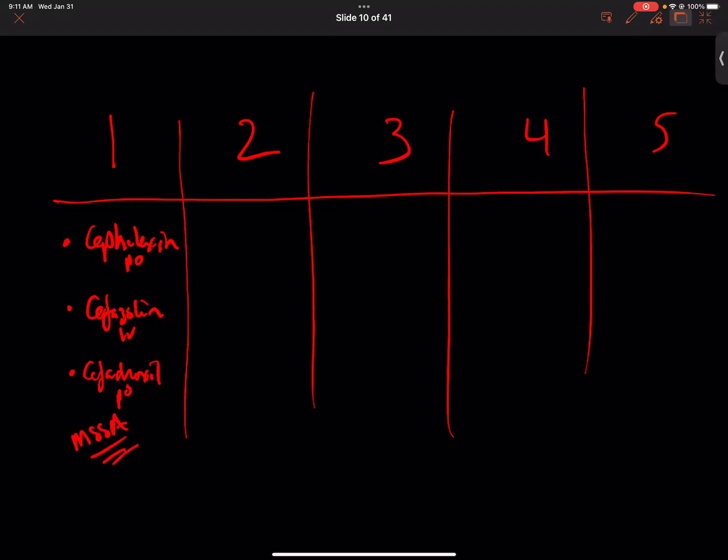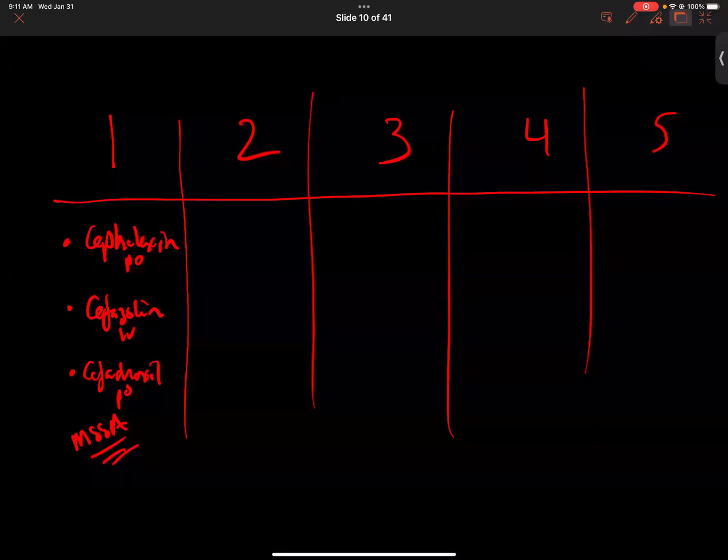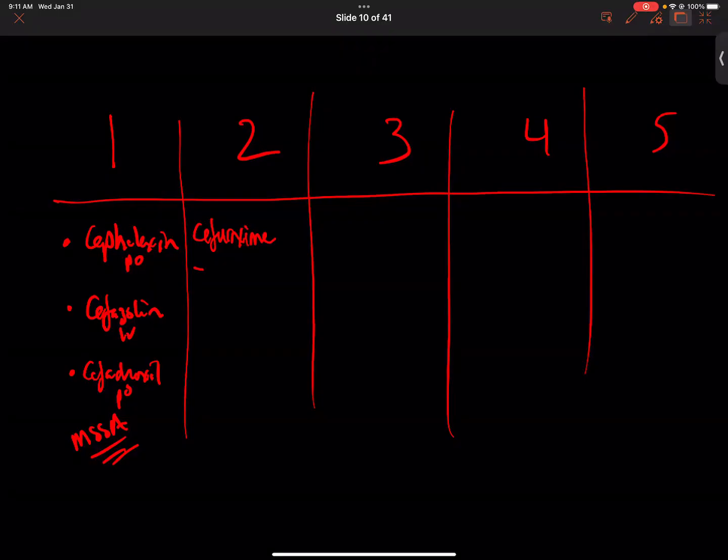Good. How about some second generation agents? Tell me the name of a second generation agent you might be familiar with. Which one? Cefuroxime. What's the brand name for cefuroxime? Anybody know? What's that?